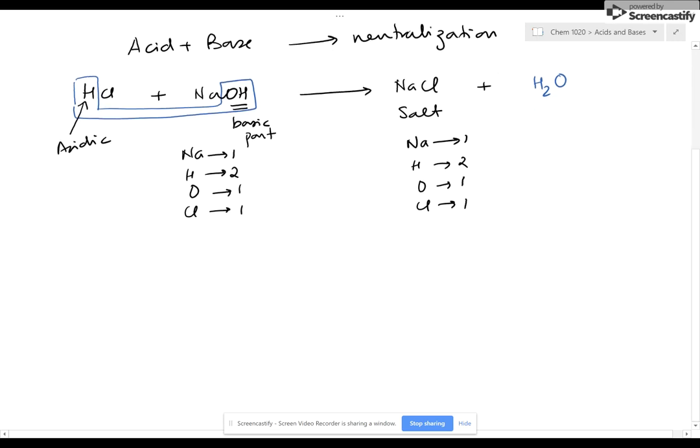Let's look at one which is a little more difficult. Let's say you still have the same acid, HCl. This time, instead of reacting it with sodium hydroxide, we're going to react it with calcium hydroxide, which has a formula like this. We do the same thing as before.